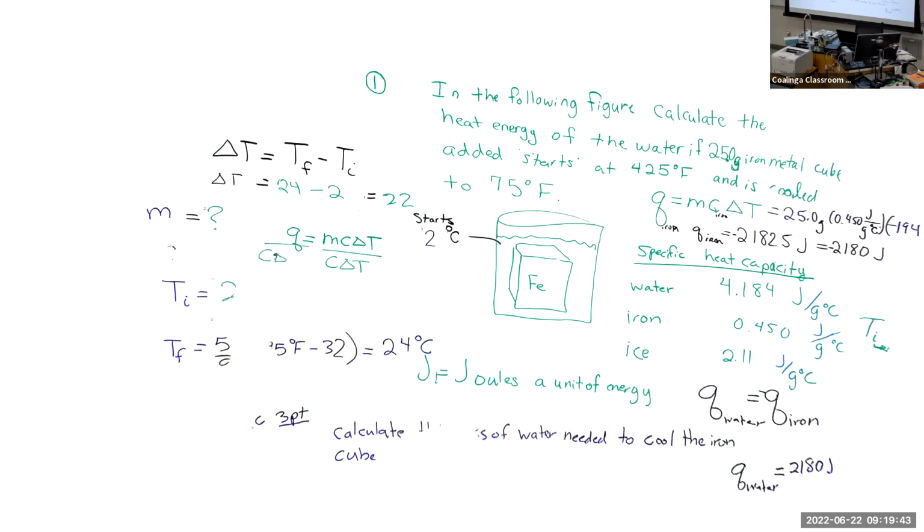So the C delta T cancels out and I get M by itself: M equals Q over C delta T. Don't I have Q? Don't I have C? Don't I have delta T? C for the water. My delta T I just calculated up here. And my Q we got from the other part.